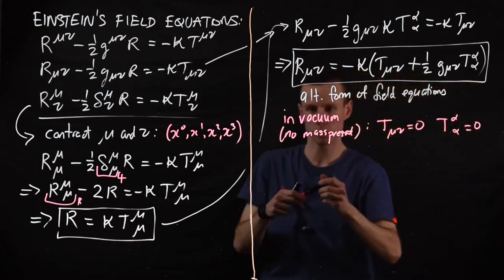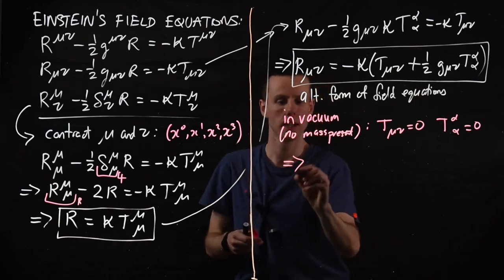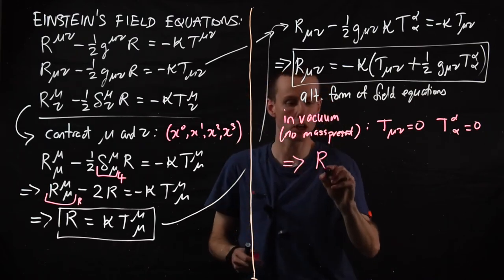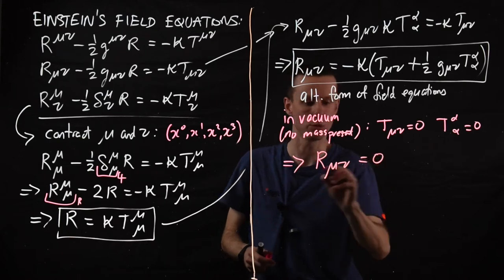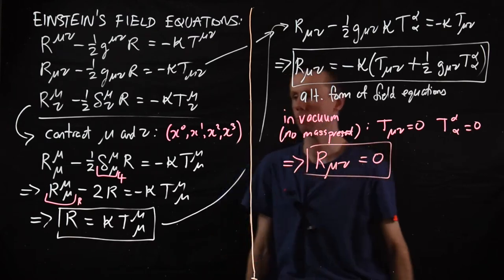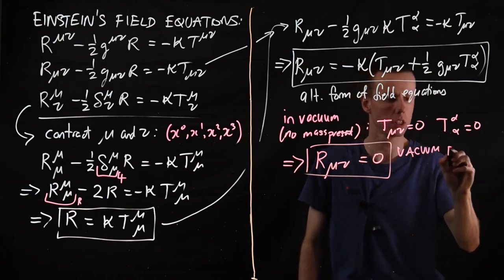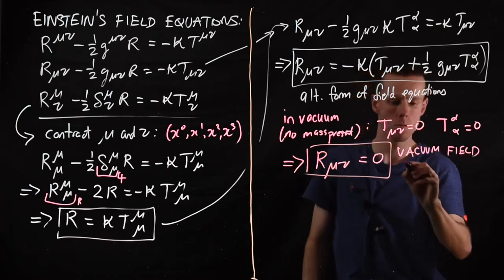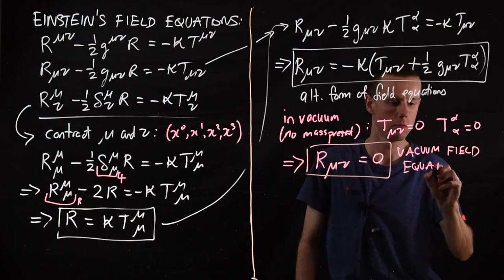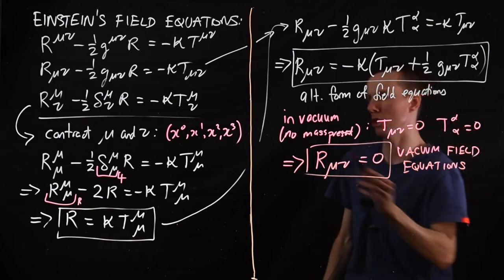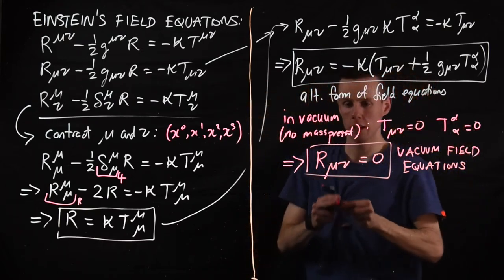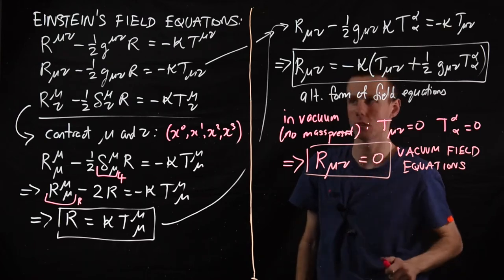So the whole right hand side just goes to 0. So in a vacuum, Einstein's field equations just become R mu nu equals 0. Okay, and that's the vacuum field equations. Much simpler. So it's just Ricci tensor equals 0.